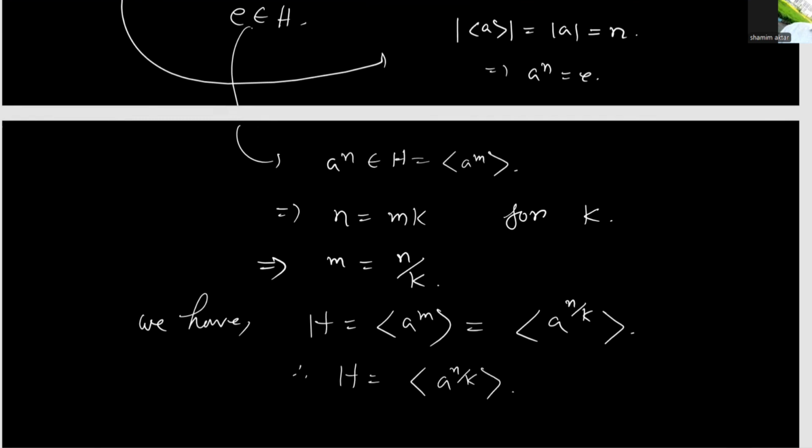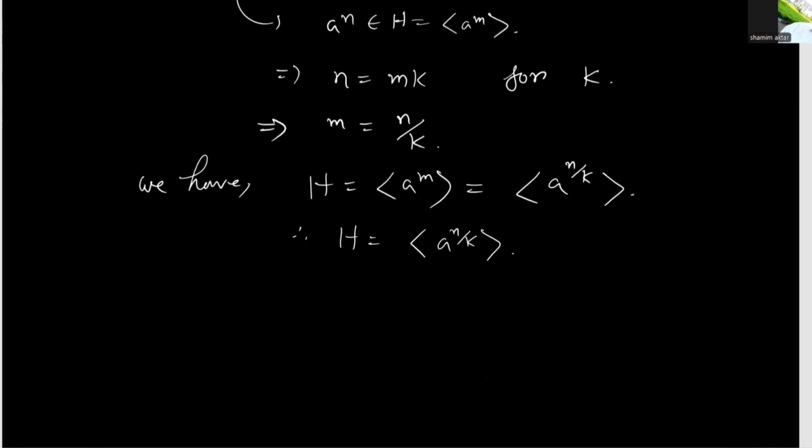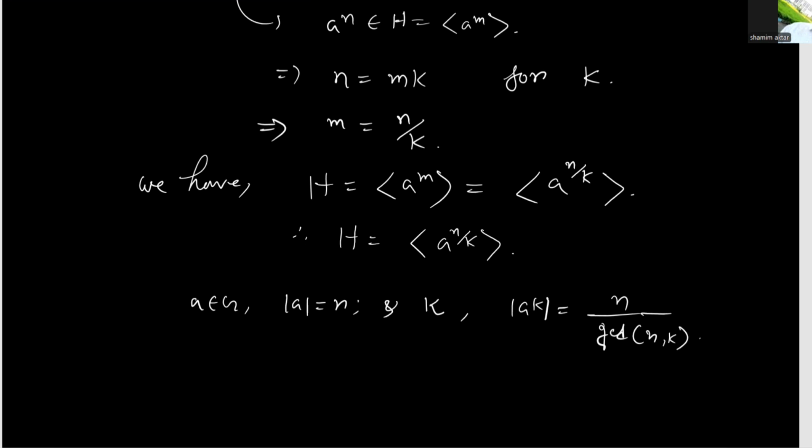Now next, we know that for any element A belonging to G with order equal to n, and any positive integer k, the order of A to the power k equals n by GCD of n and k. This is a famous result.